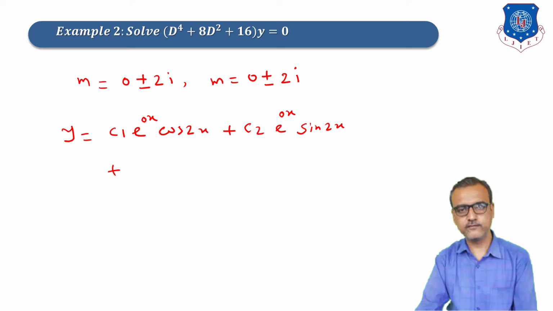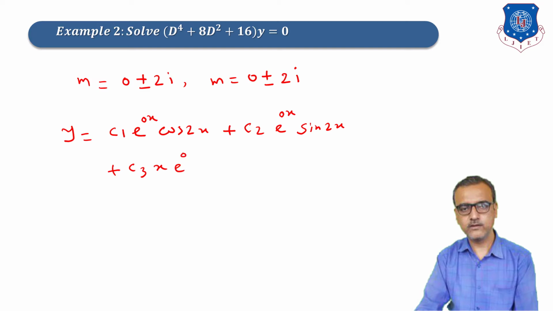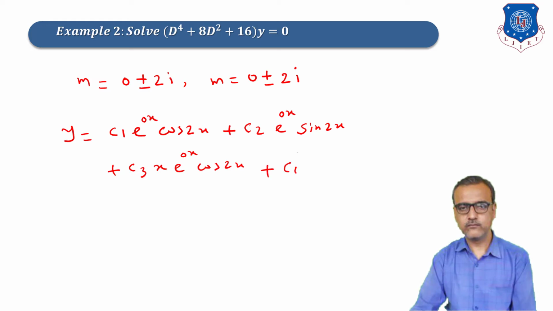plus, now for the second 0 plus minus 2i, we will write down c3 into x e raised to 0x cos 2x plus c4 x e raised to 0x sin 2x.